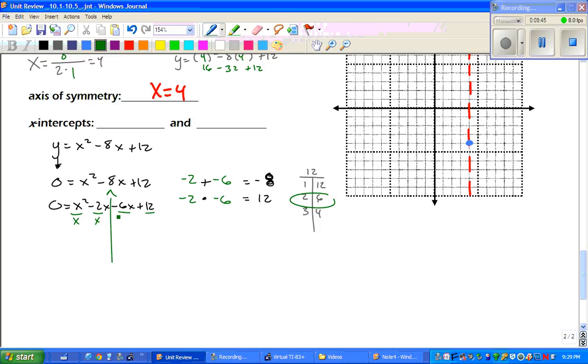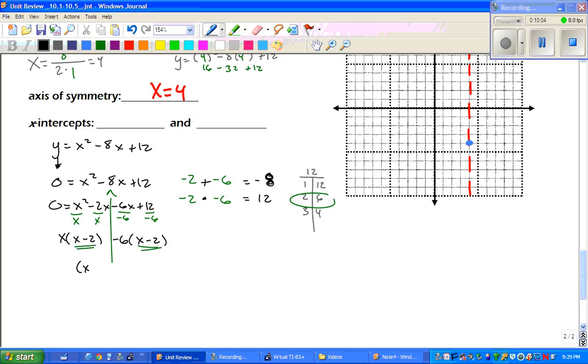Okay, we can factor out an x and then a -6. So x comes out front, we're left with x minus 2, the -6 comes out, and we're left with x minus 2, which is good.